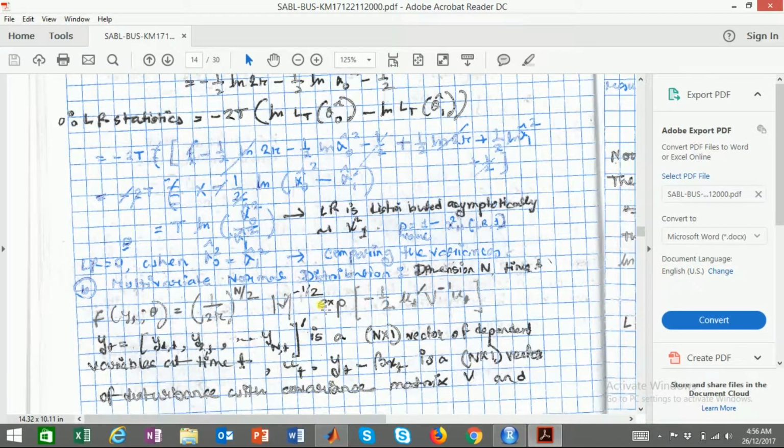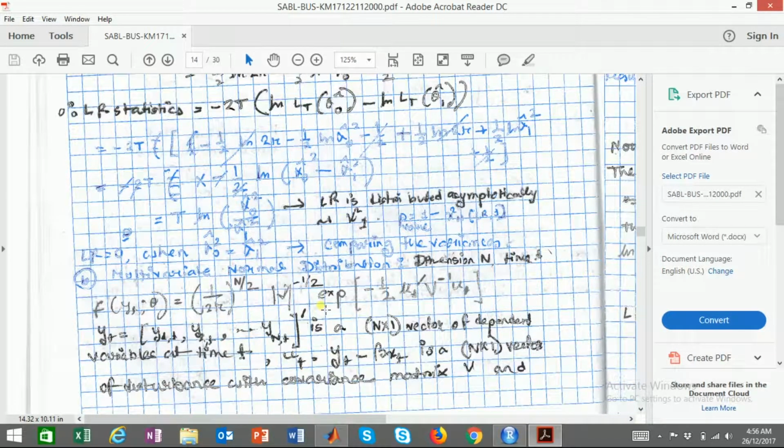Multivariate normal distribution. If there are n dimensions and the time is t, in case of multivariate, we have 1 by twice pi to the power n by 2.